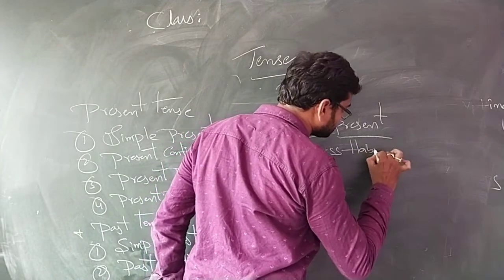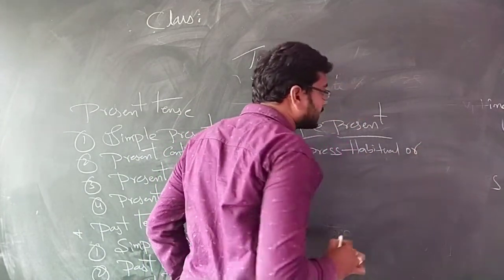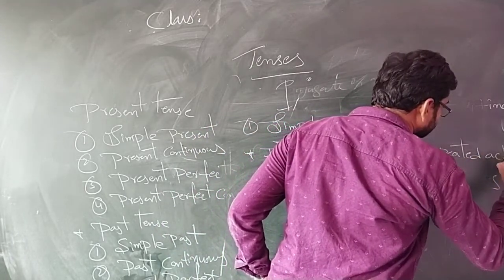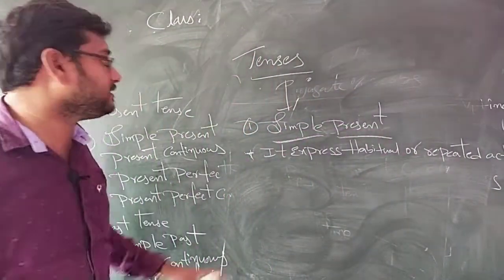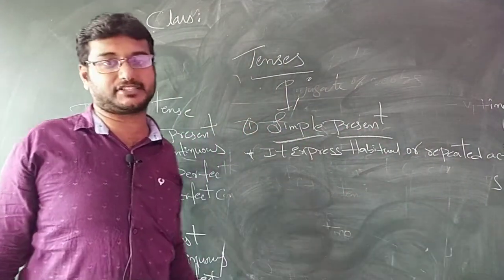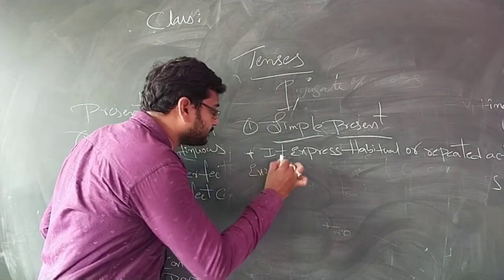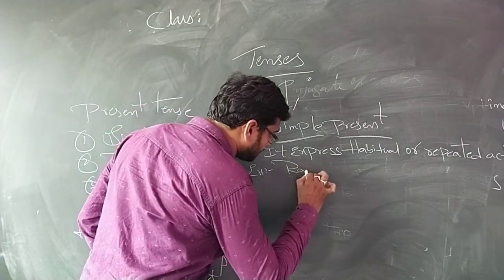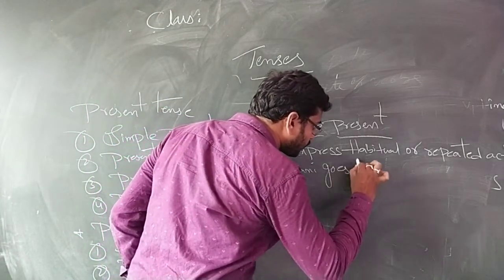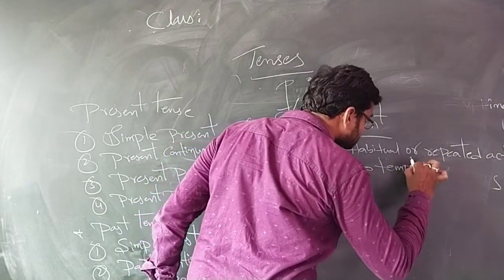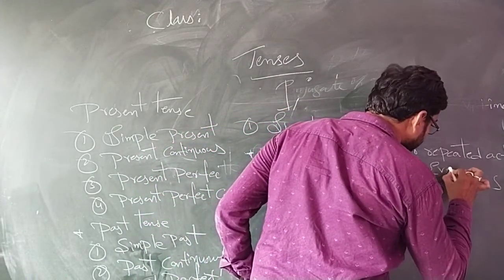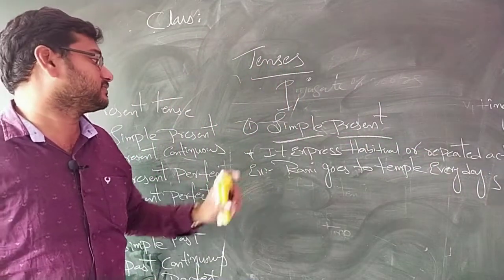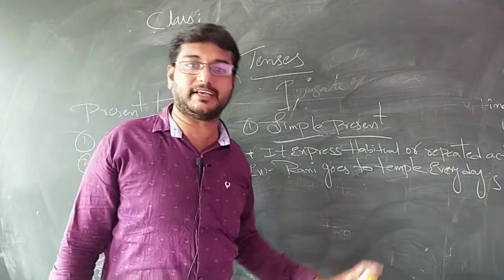First point, it expresses habitual or repeated action. For example, Rani goes to temple every day. Now let us see in the example what the habit of Rani was. Rani, she goes to temple every day.